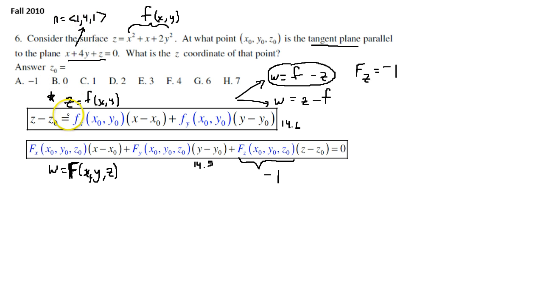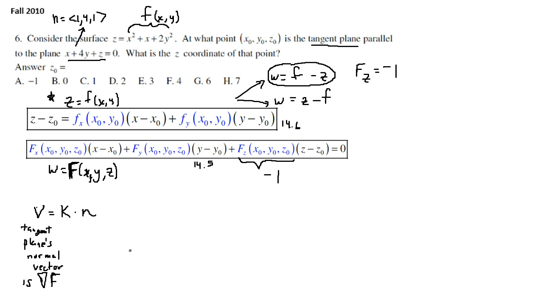Maybe the scalar multiple is 1. So maybe say this is the tangent plane's normal vector v, is some scalar multiple of the given plane's normal vector. So I call this guy n. Okay, but the tangent plane's normal vector is the gradient, on capital F, that is.